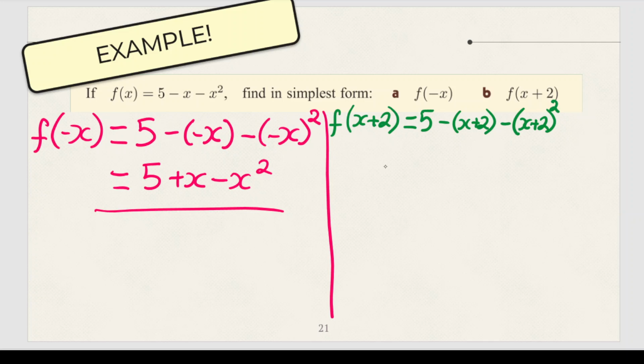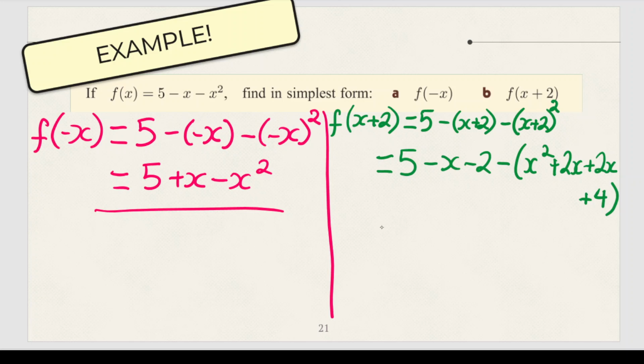So, move that across. Function is equal to 5, take away x, take away 2. And then we're going to have to use our FOIL for this one. Take away x squared plus 2x plus 2x plus 4 gives us, we find all of our x squared terms.